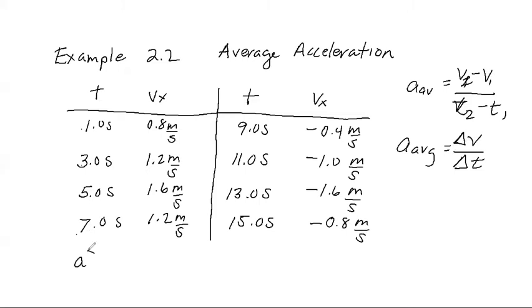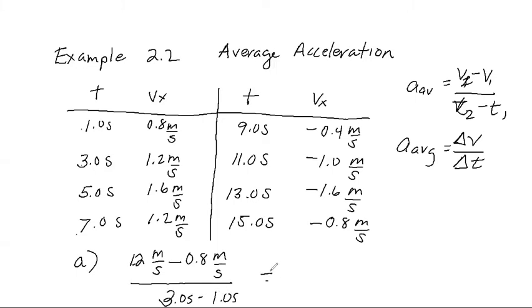So for our first interval, we have 1.2 meters per second minus 0.8 meters per second divided by 3.0 seconds minus 1.0 seconds.